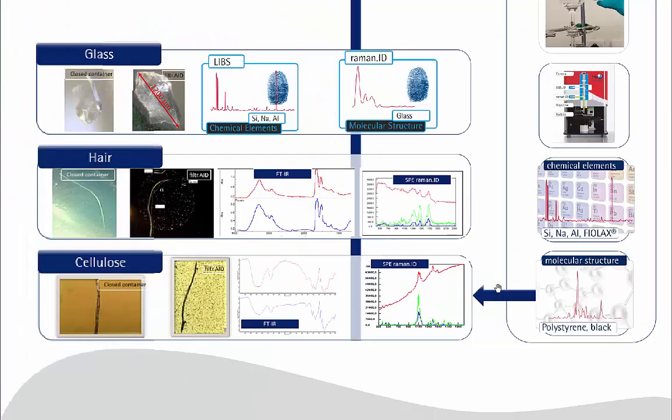We have here a few examples like glass, hair, and cellulose that we isolated from rejects, and they represent typical groups of rejects: glass-like, hair-like, or cellulose or fiber type particles. Here you see the Raman. Raman tells you very quickly that it's cellulose, or in this case keratin from the hair, or glass. And LIBS is very useful for inorganics like glass, and here you see immediate glass response.